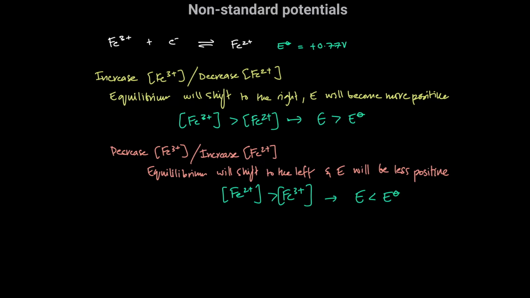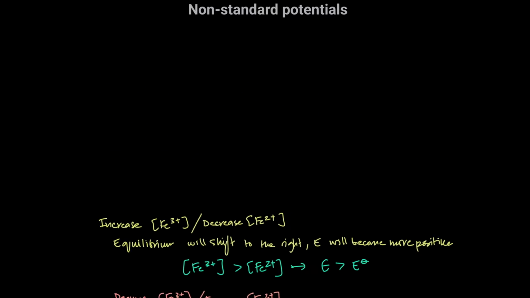Now we're going to look at how we can calculate the non-standard electrode potentials. In order to do that, we use an equation known as the Nernst equation. What is the Nernst equation? This is an equation that you do have to remember. In some questions it may be given to you, in others it will not be.